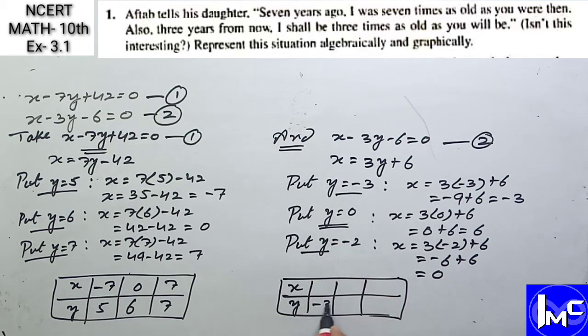For y minus 3 x was minus 3, for y 0 x is 6, and for y minus 2 x was 0.